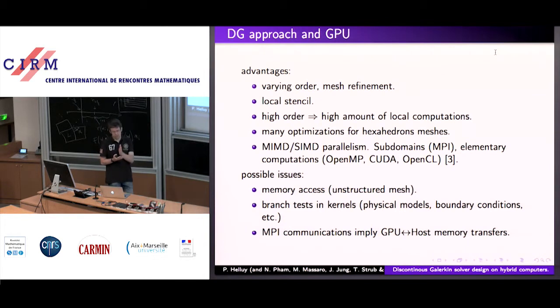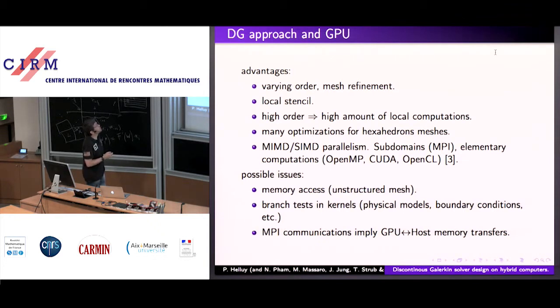Of course, you have dependence between two neighbor elements, but you have many local computations that are very efficient on GPU because you can load all the local data into the cache memory, and you have many computations to perform before sending the data back to the global memory. So it's very efficient.